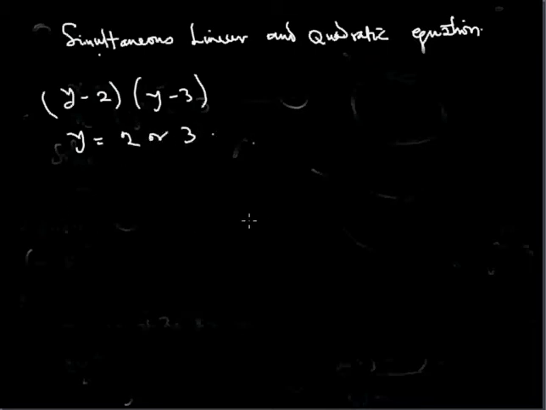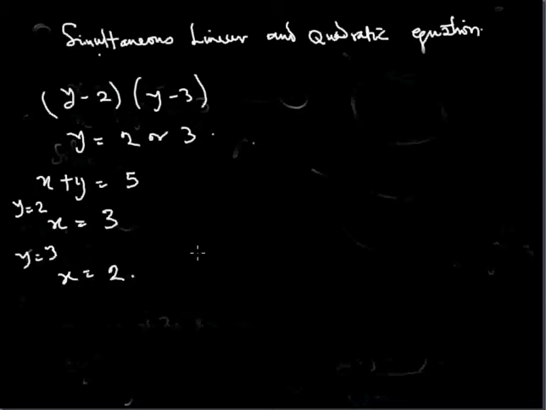Now, substituting these values into equation 1, which is x plus y is equal to 5, when y is equal to 2, x is going to be 3. When y is equal to 3, x is going to be 2.